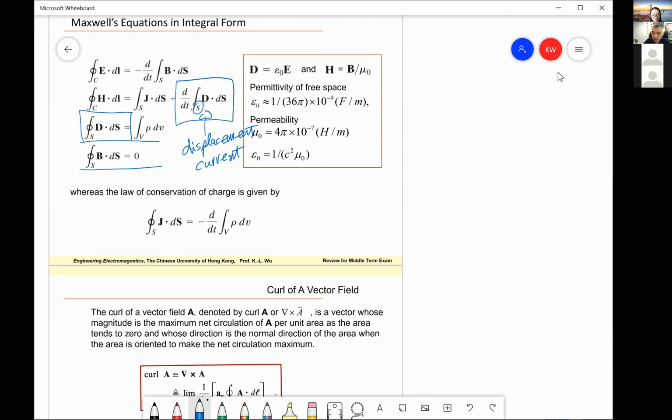This S is not closed, but this is a closed surface, because you can tell from the integral form, right? This is not closed surface, but this is closed.